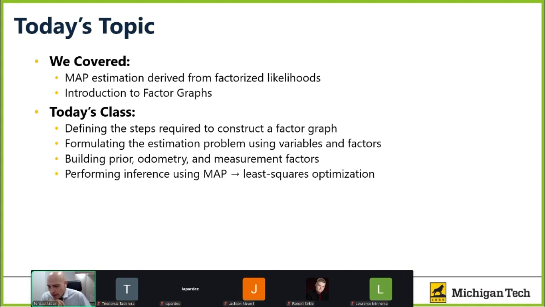First of all, why am I talking that much about factor graphs? Why is the factor graph so important, at least for me, to teach you guys? I can say the factor graph is a very general, modular representation. Why is it modular?